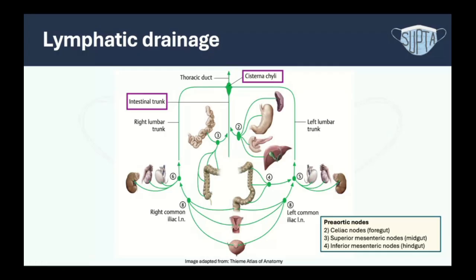The superior mesenteric nodes will pass into the intestinal trunk and onto the cisterna chyli, where it ultimately empties into the thoracic duct, and it will then bring all the lymph through the thorax and drain into the left venous angle. However, the inferior mesenteric nodes follow a slightly different pathway, as we can see here. Instead of joining the intestinal trunk directly, it travels laterally and drains into the left lumbar trunk, before eventually reaching the cisterna chyli and thoracic duct.